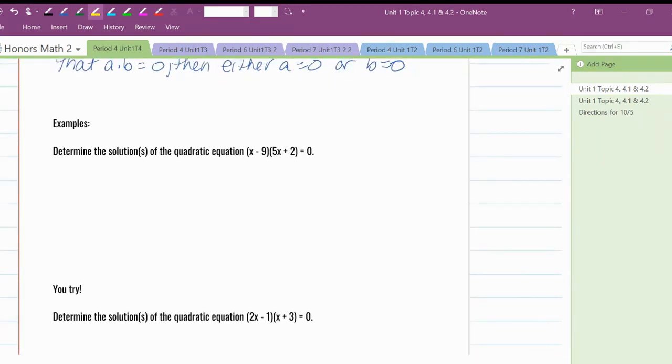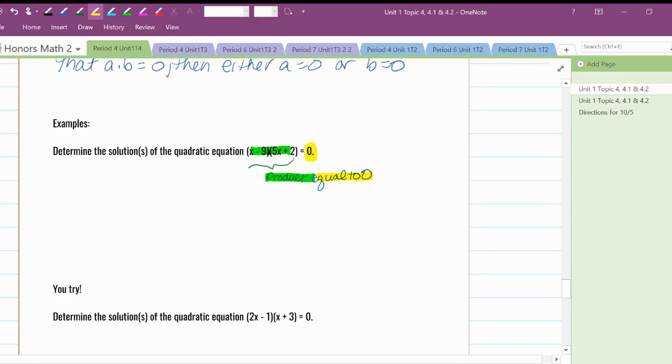So what we want to do is check, first of all, that we equal 0, and then we have a product, two things multiplied together. There's our product, and here's our equal to 0.